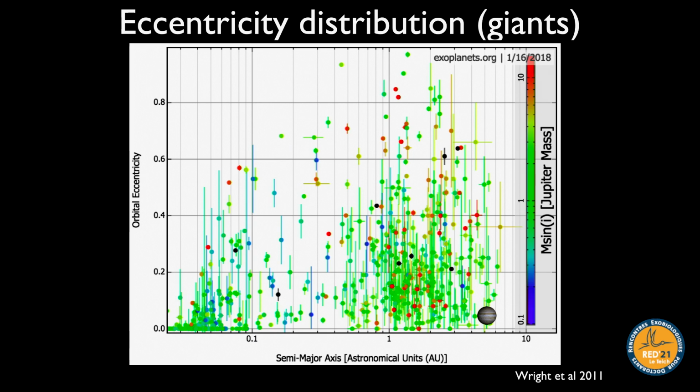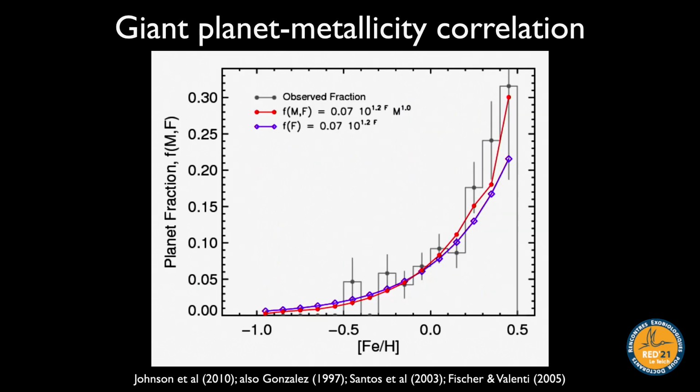The eccentricity distribution is again a key constraint, exactly how stretched out planets' orbits are. That we talked about a little bit last time, and we'll talk about more in a moment. Another constraint comes from the giant planet metallicity correlation. This was one of the first correlations found related to exoplanets, and specifically to giant exoplanets, since that was the sample that was being analyzed early on.